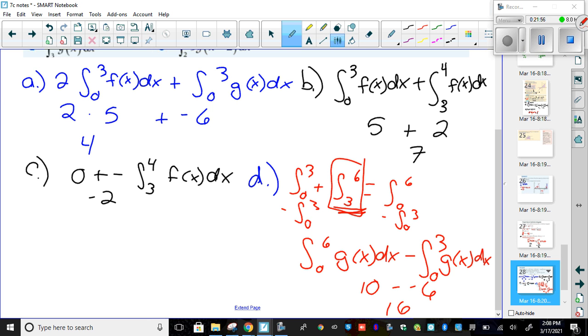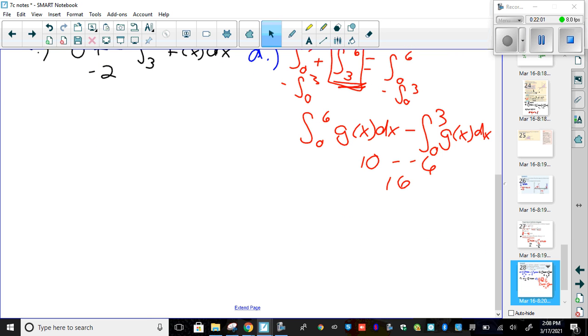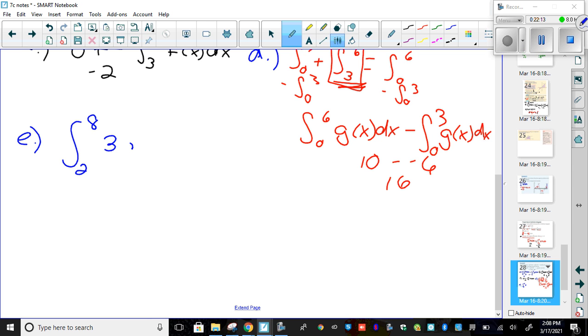And then the last one, some of you guys asked me about e. So part e, we're looking at the integral from 2 to 8 of 3 g of x minus 2 dx.